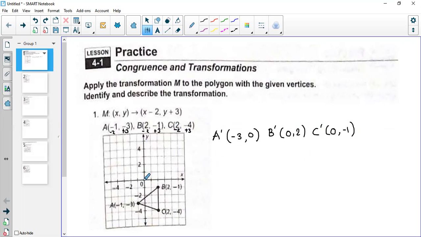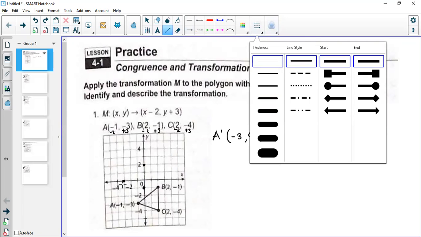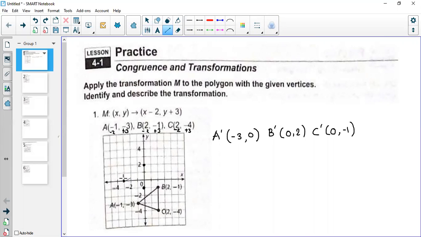So let's graph them. A prime, that's negative 3 and 0. So negative 3 and 0 is here. Then 0 and 2, that's here. And 0 and negative 1, that's here. So join the 3 points.